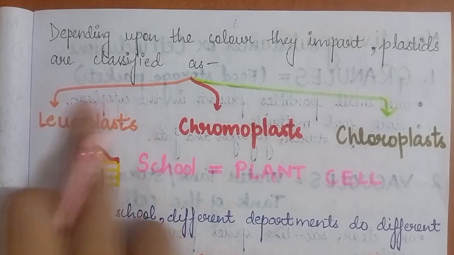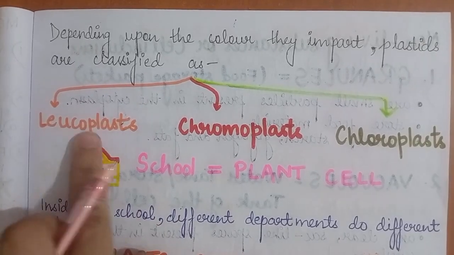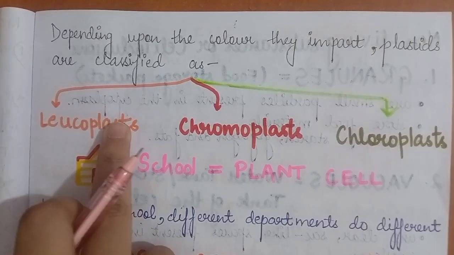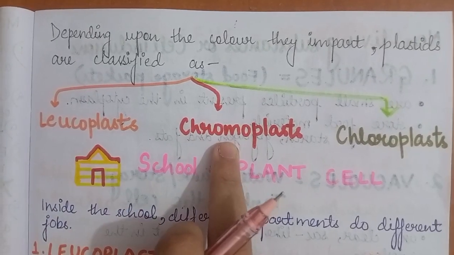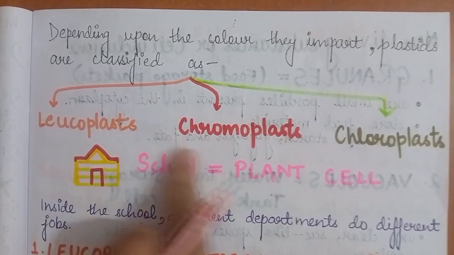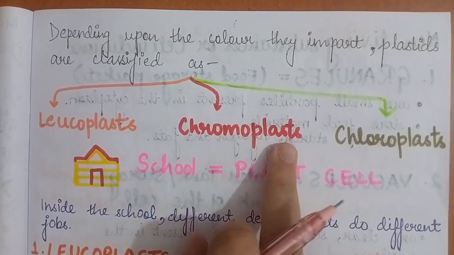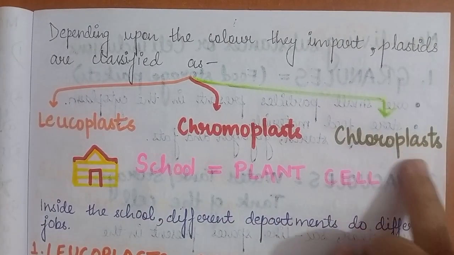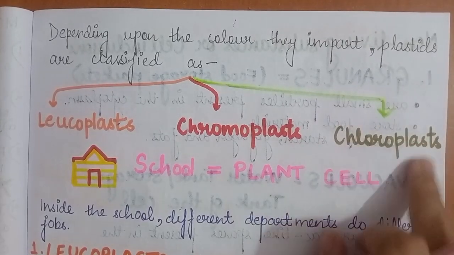These leucoplasts are colorless. Leuco means colorless and plast means plastid, so they are colorless plastids. Chromo means colored, so they are colorful plastids. And chloro means green, so they are green colored plastids.